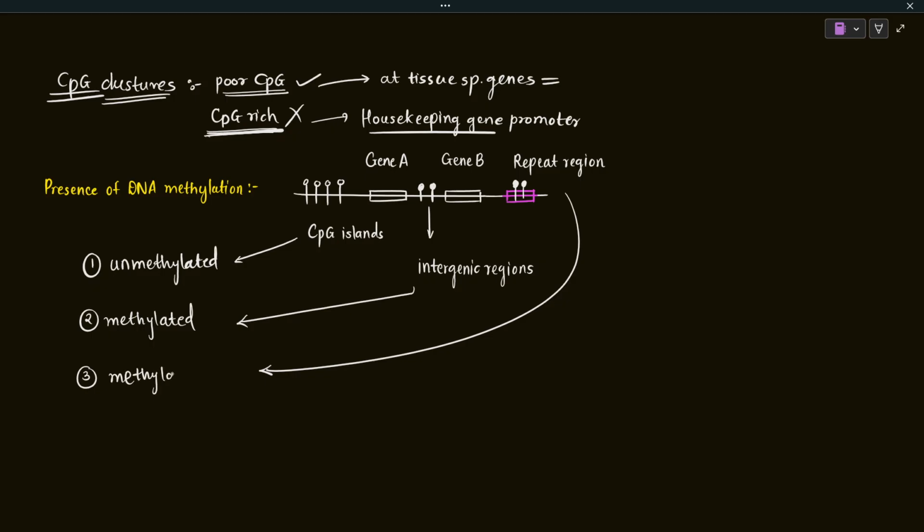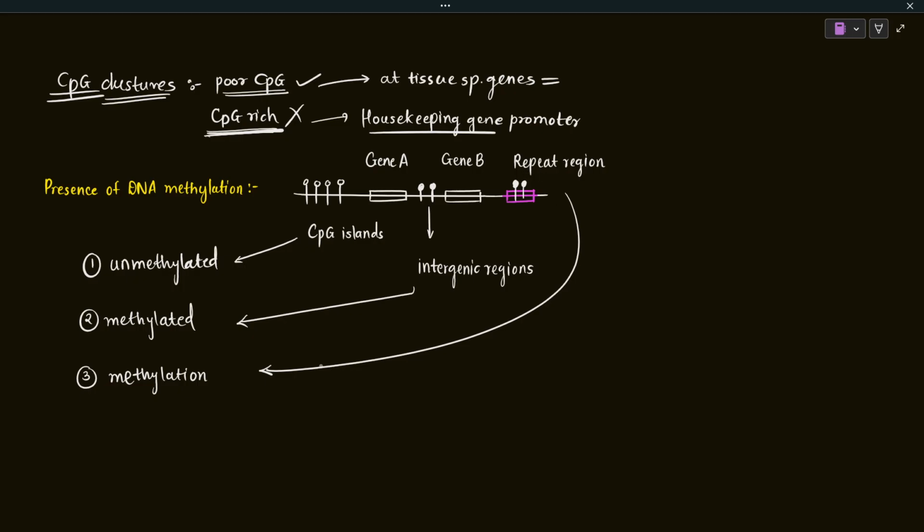The reason for methylation of repeat regions is that if they get active and start transcribing, they will mobilize, and due to mobilization of those transposons there will be mutations, and the cell will not function properly. That's why you methylate the repeat regions, so that you can silence them.